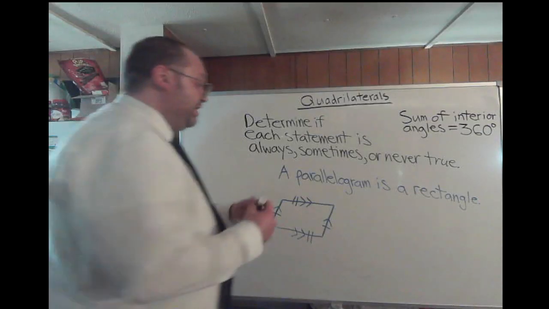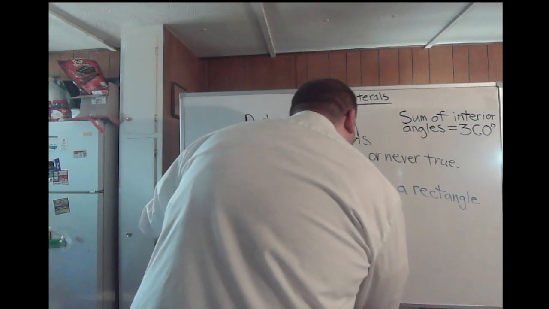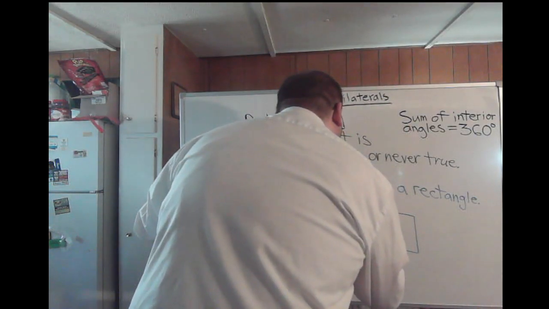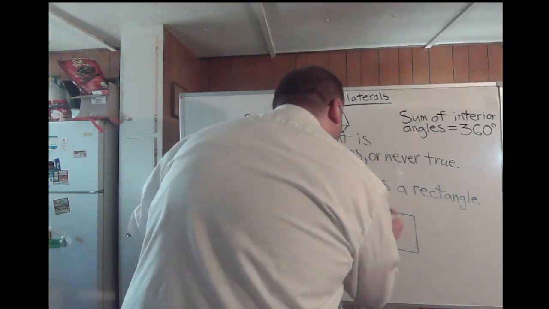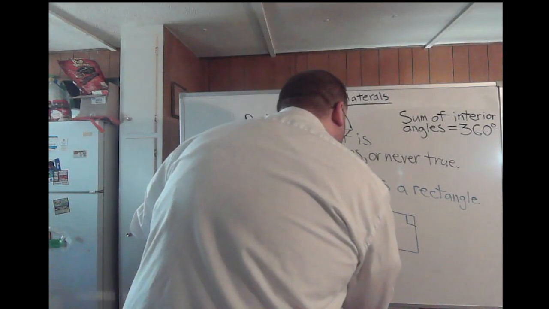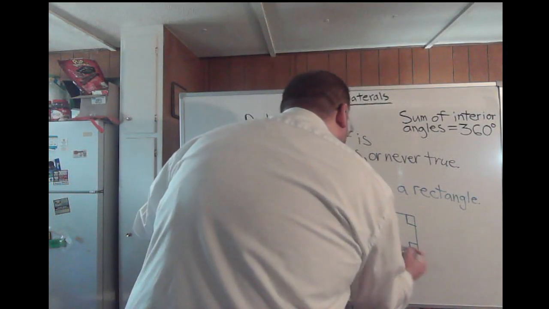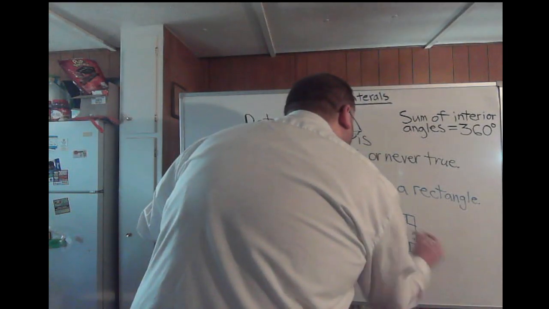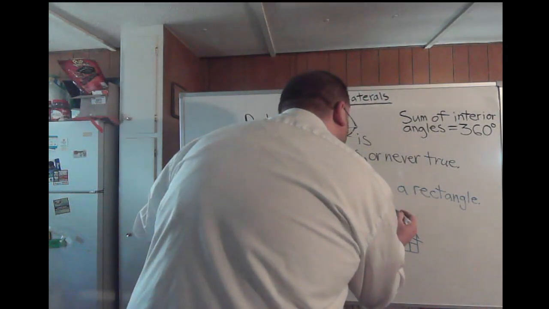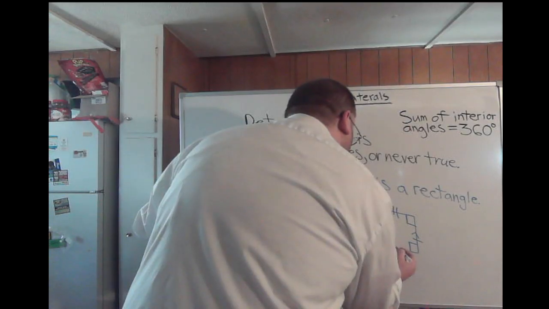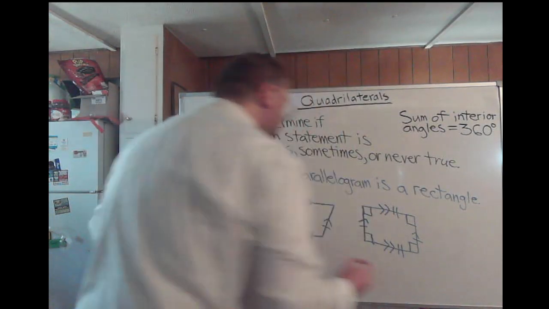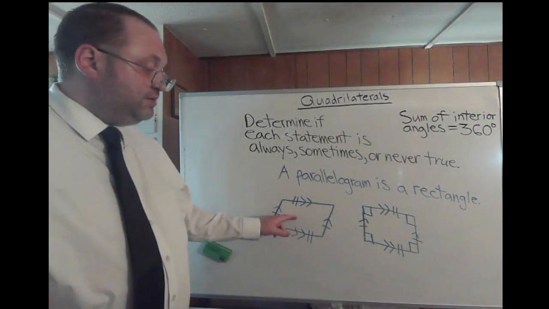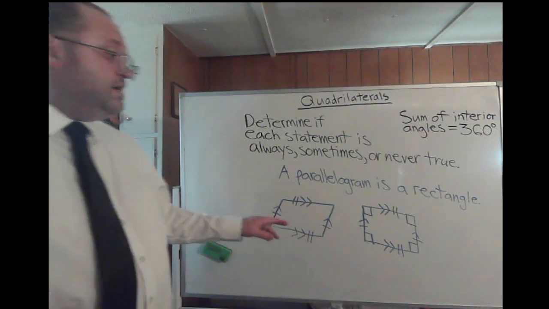So that's a parallelogram. A rectangle, it would almost appear like it's always true, but in a rectangle, you have right angles added into it. So let's look at these side by side. You have a parallelogram. Both pairs of opposite sides are parallel and congruent to each other. You have a rectangle.